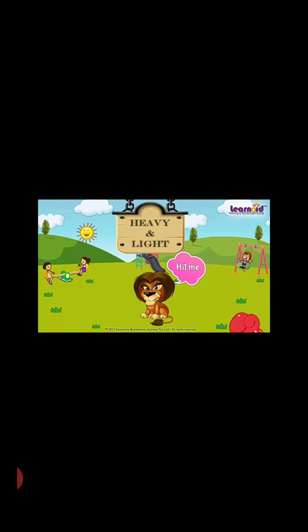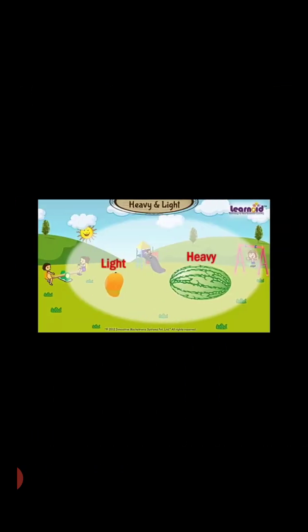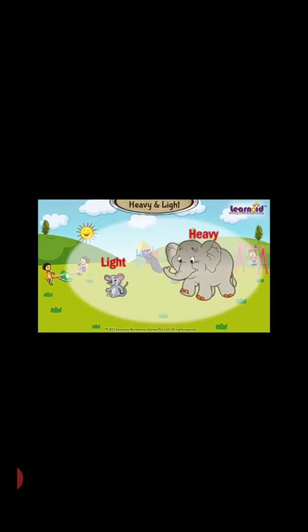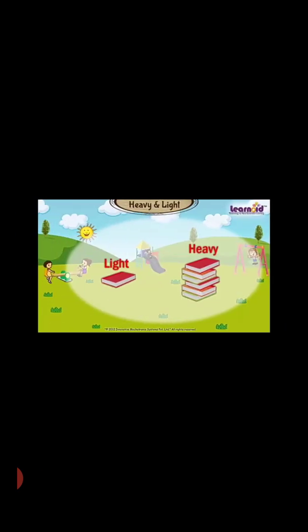A mango is light and a watermelon is heavy. A mouse is light and an elephant is heavy. One book is light and 6 books are heavy.